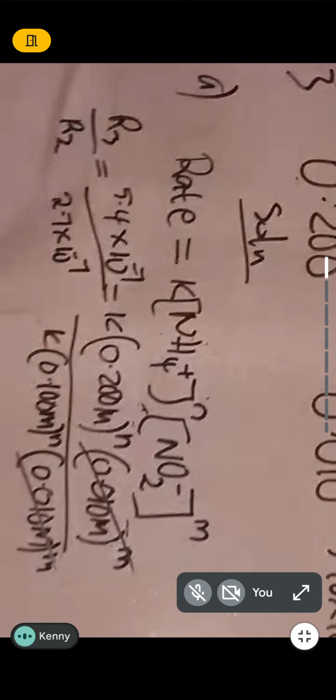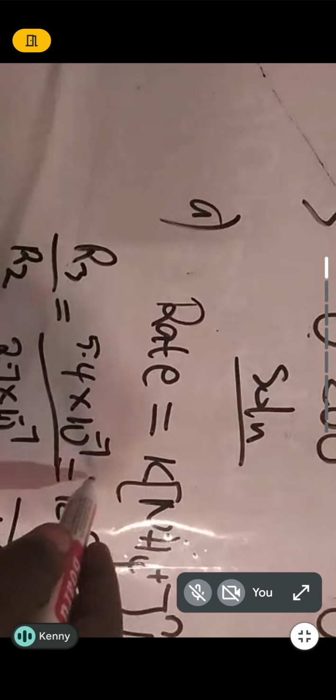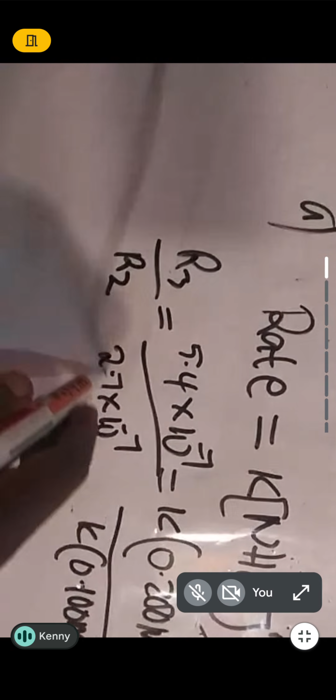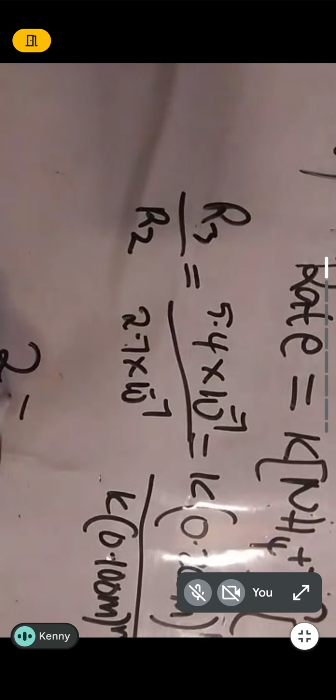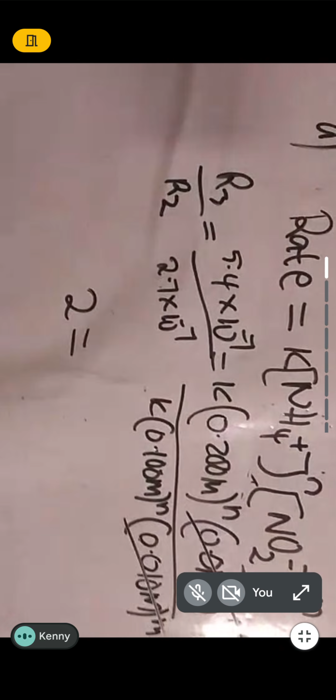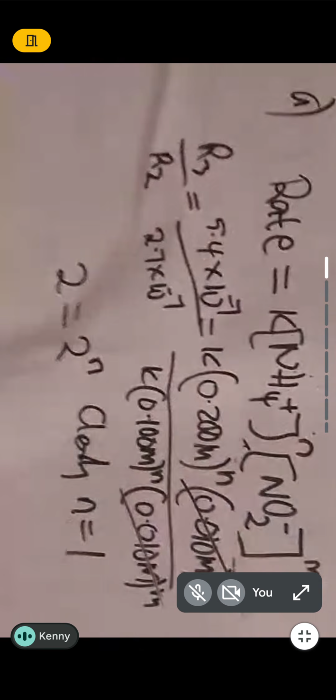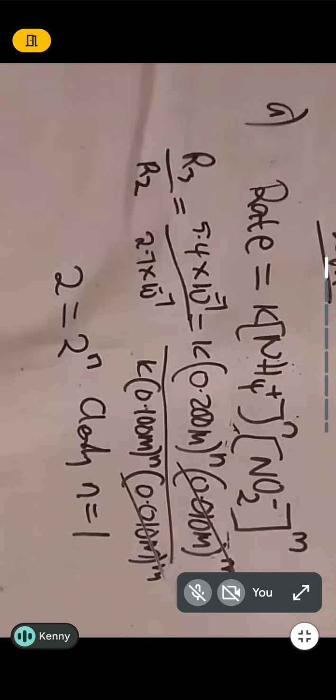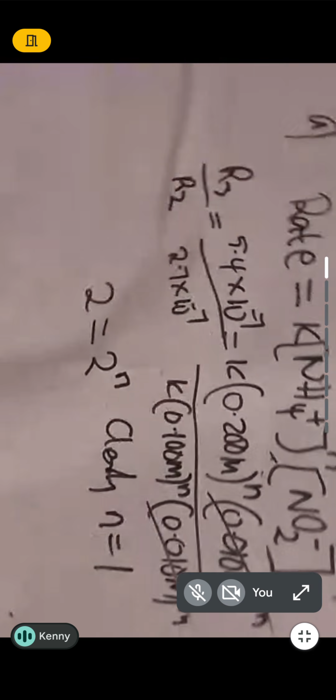Then 5.4 over 2.7 gives 2, and 0.2 over 0.1 is also 2. So it will be 2 to the power n. Clearly, n is equal to 1. So both n and m are equal to 1.